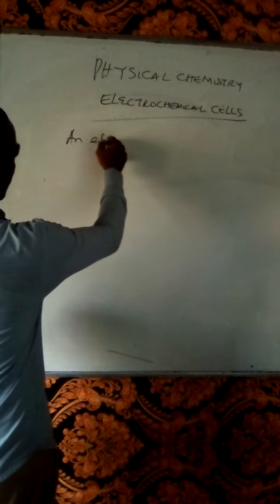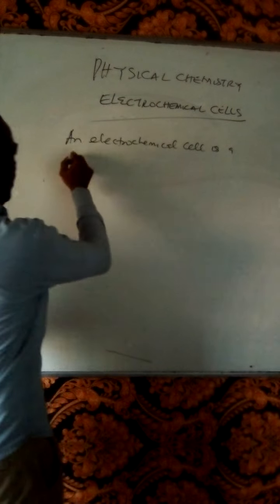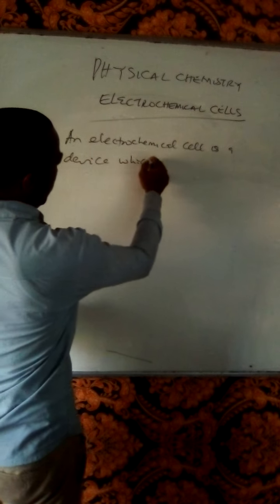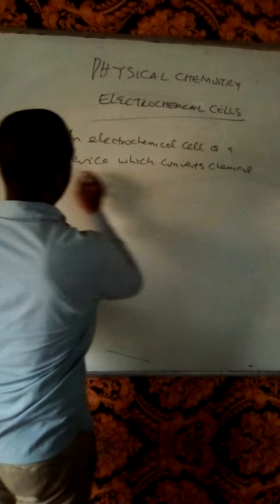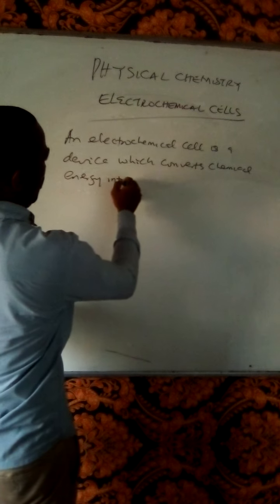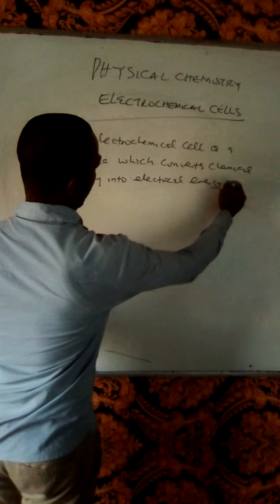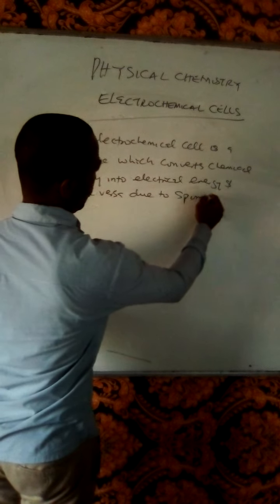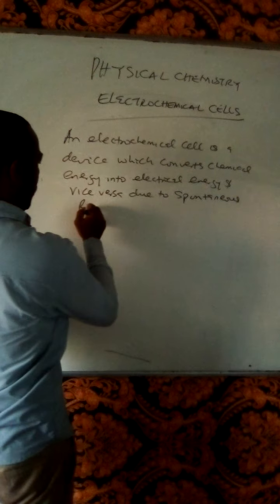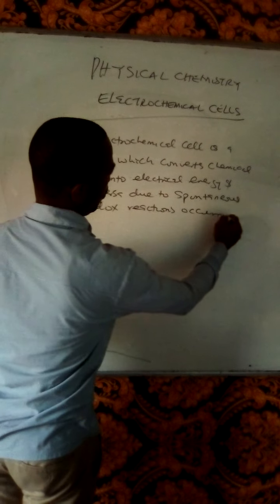An electrochemical cell is a device which converts chemical energy into electrical energy and vice versa, due to spontaneous redox reactions occurring in it.